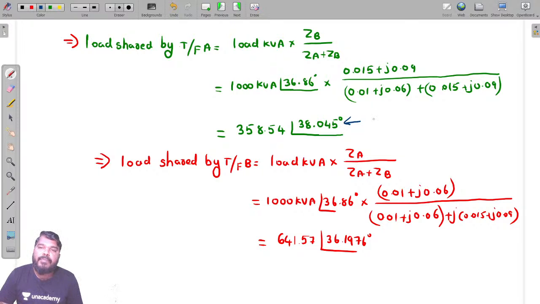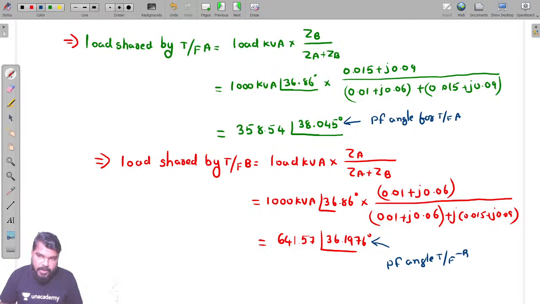Okay, this angle indicates the power factor angle for transformer A, and this is the power factor angle for transformer B. So now by using these angles we can find out the power factors.